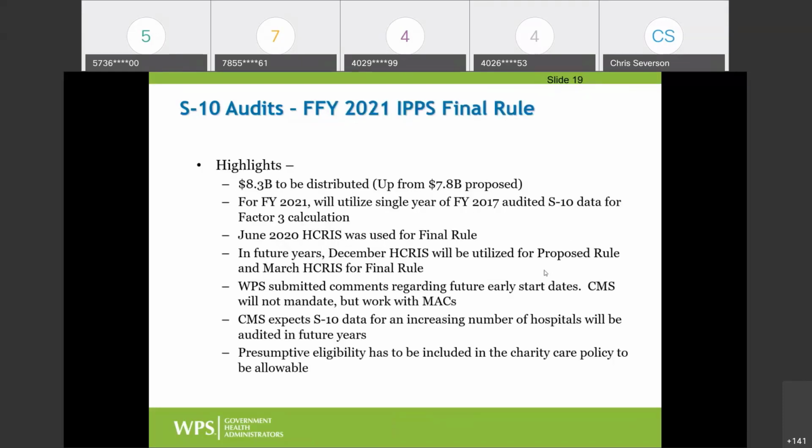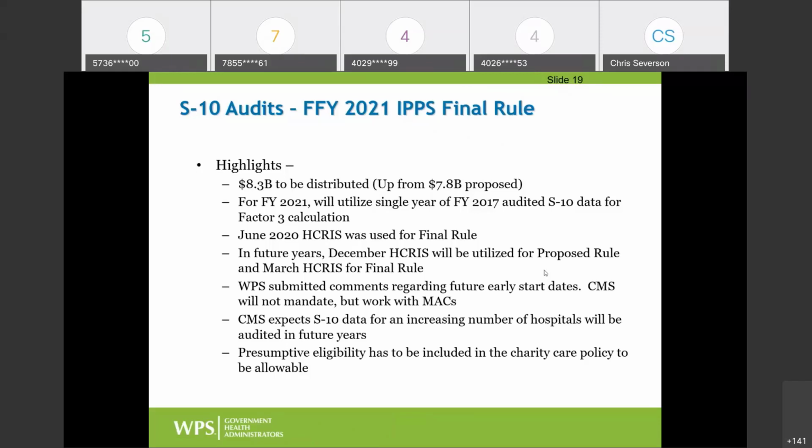Some highlights here. So we have $8.3 billion to be distributed through this uncompensated care pool, which was up from the proposed amount of $7.8 billion. Now, some of that change is due to the fact that there was an estimate all along when this uncompensated care was first started.